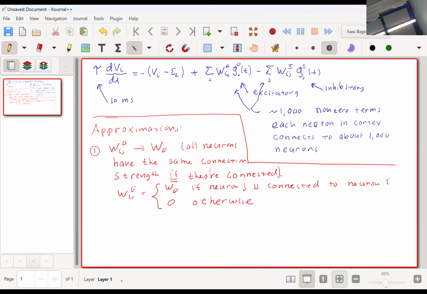Because remember, each neuron connects to a small subset of the other neurons, so we don't want to set all entries to something non-zero.